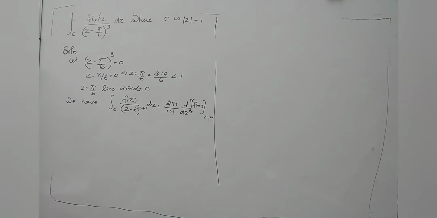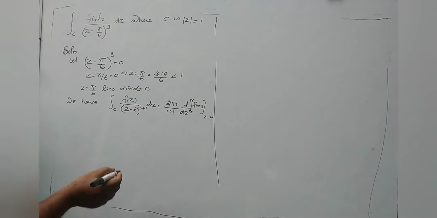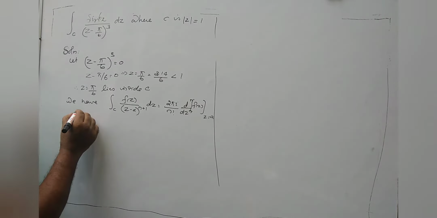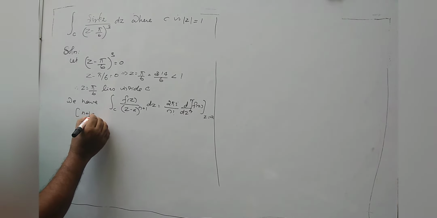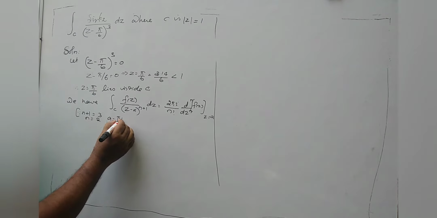So this is the formula. So what is a here? Here a is equal to pi by 6. What is n here? n plus 1 is equal to 3. So n plus 1 is equal to 3, that is n is equal to 2. And a is equal to pi by 6.